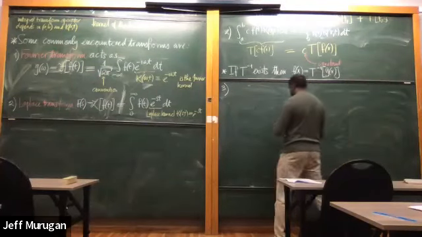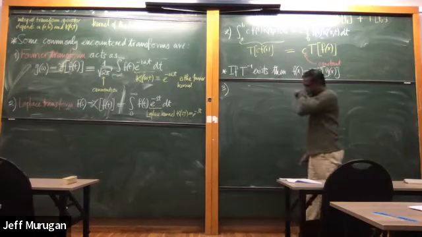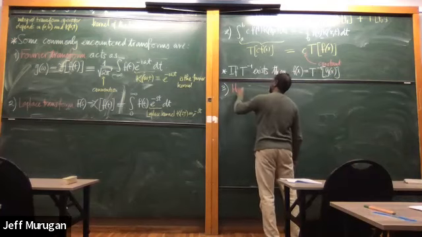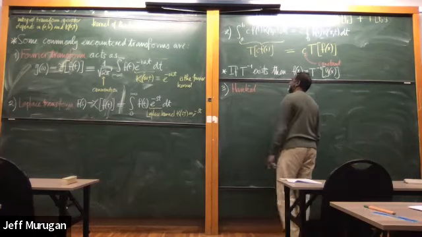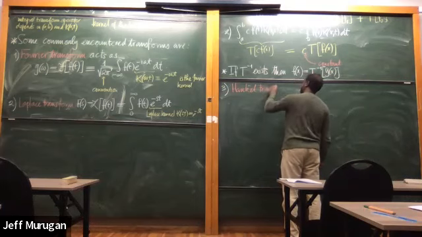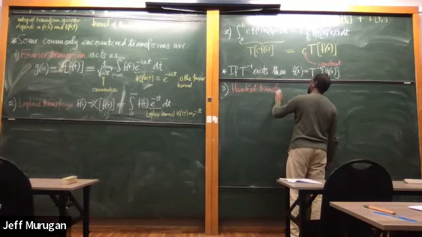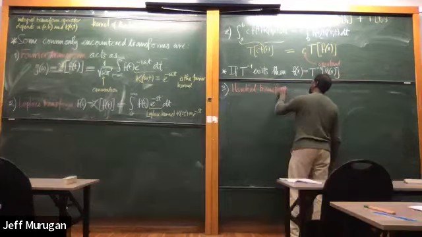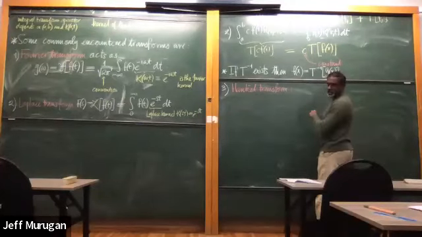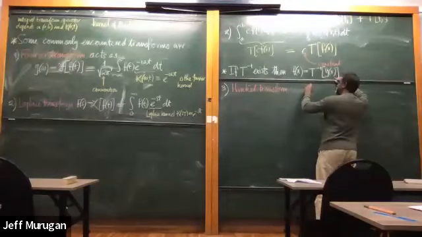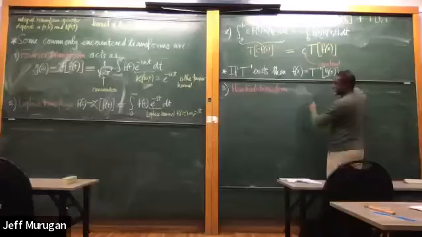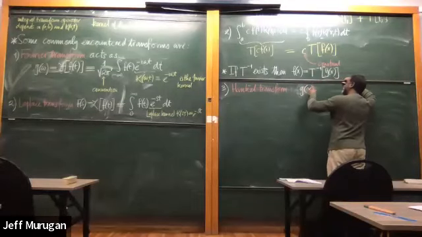The next, less commonly encountered, is called the Hankel transform. The Hankel transform is defined as follows: given some function f of t, you do the transform of it to get some new function g of alpha.